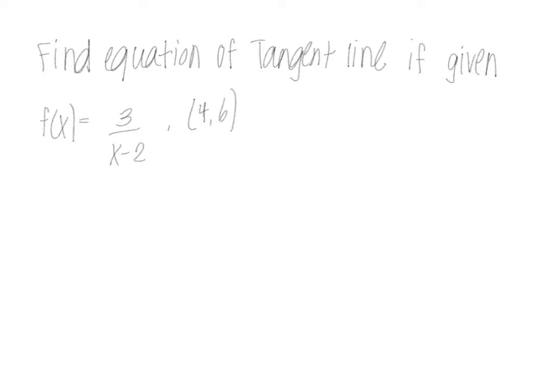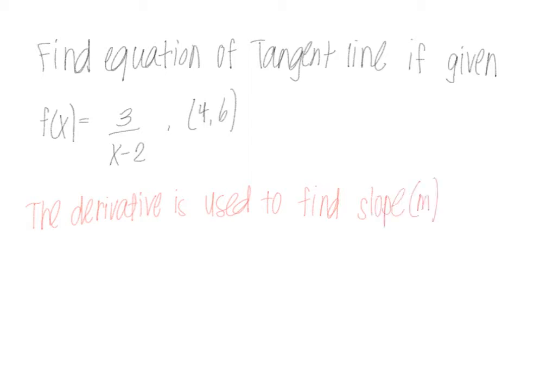But the point is, when you are finding the equation of a tangent line, the derivative, and let me comment in red, the derivative is used to find slope, so m of the tangent line.